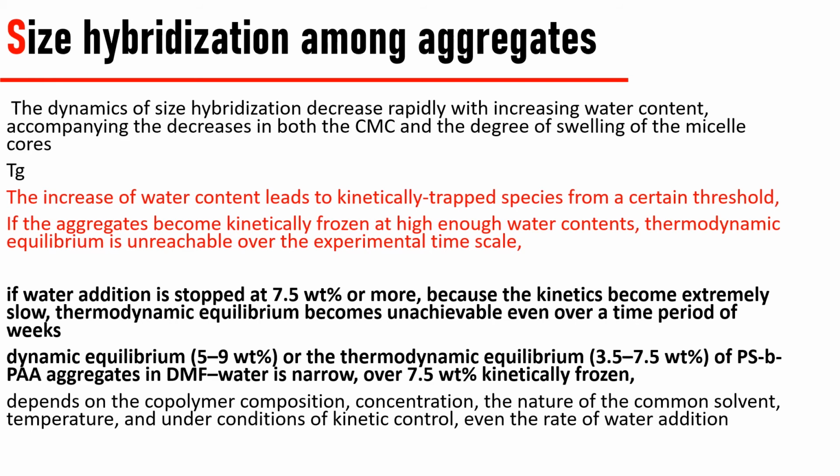In conclusion, thermodynamic equilibrium can be observed for a range of water content between 3.5 to 7.5%, and dynamic equilibrium is observed for water content between 5 to 9%. Over 7.5% water content, the aggregates are kinetically frozen.